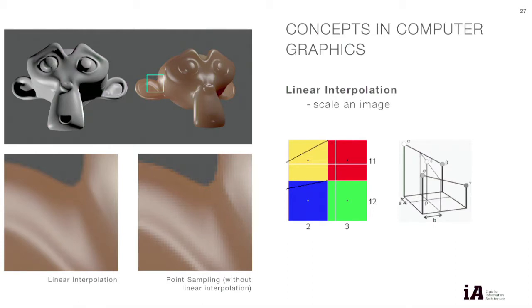With interpolation, it tries to find out which color it has to take between two pixels. So if I have a white pixel and a brown pixel here, it doesn't make an edge, but it calculates the difference in between.